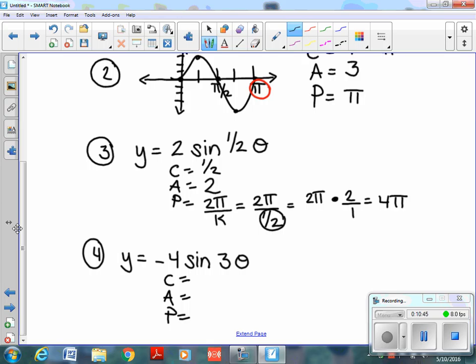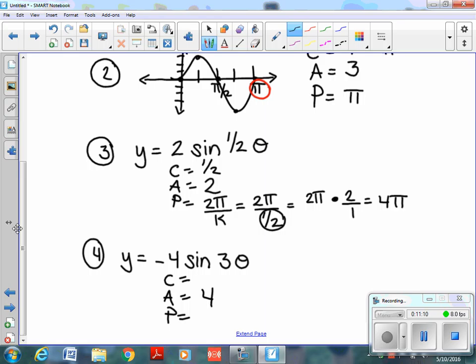Height is always positive, so if you see a -4, don't put the -4, just put a +4. The negative does something to the graph. You remember? All the way back from the beginning, negative means to flip your graph or to reflect your graph. So we don't do anything with the negative sign. Remember, amplitude means height. You can't have a negative height. So you have to ignore the negative and just put 4.